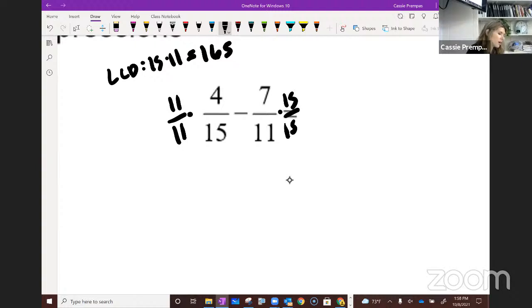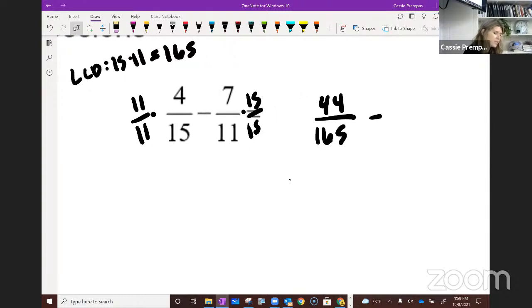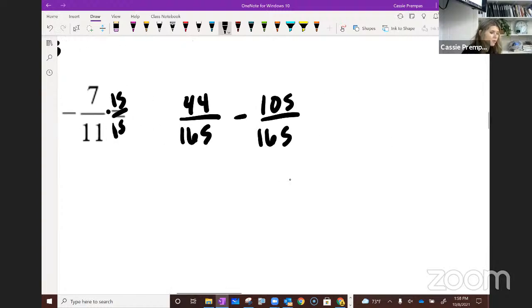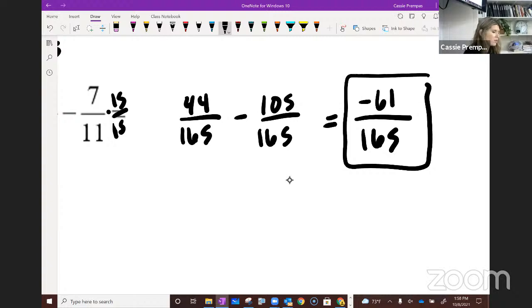And then I'm going to simplify this out. 11 times 4 is 44 over 165 minus 7 times 15 is 105 over 165. What's 44 minus 105? 61, I believe, over 165. And that's it.